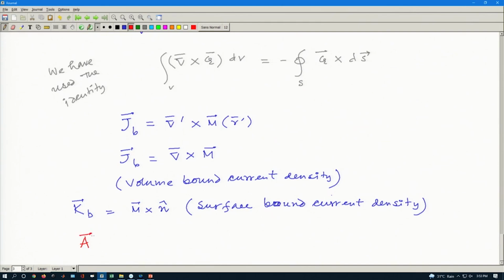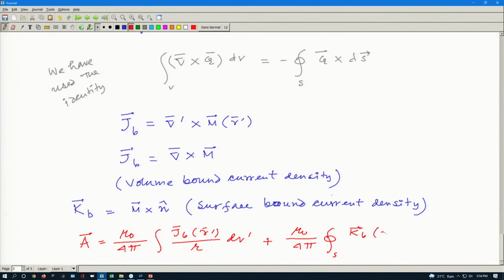My A should now be mu 0 divided by 4 pi, integration of the volume current density, a function of r prime, divided by r, dv prime, plus mu 0 divided by 4 pi, the total surface integral of the surface bound current density, a function of r prime, divided by r, ds prime.